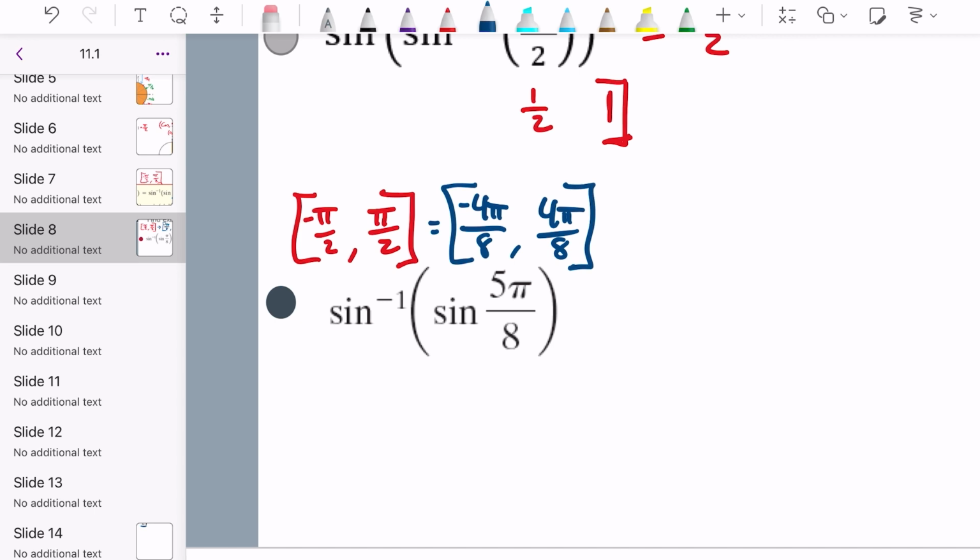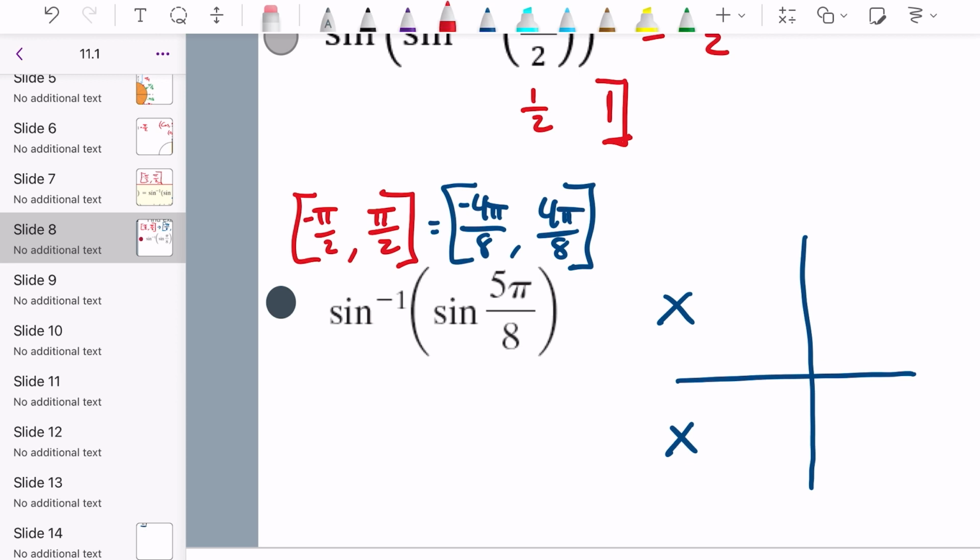If we were to draw out our graph, we would notice that 5 pi over 8 would actually be outside of the area for our sine. Remember, sine is always going to be on the right-hand side, so it will not include quadrant 2 or quadrant 3.